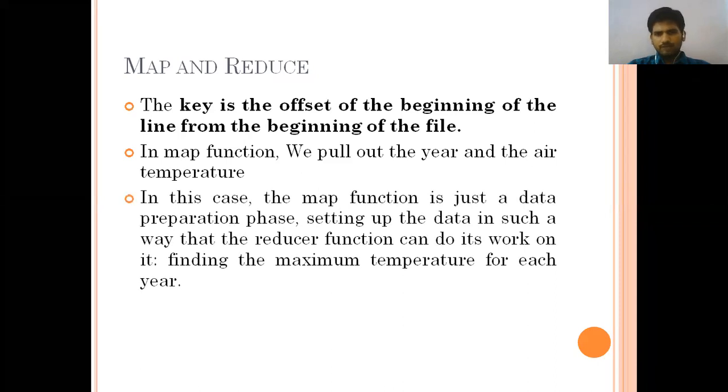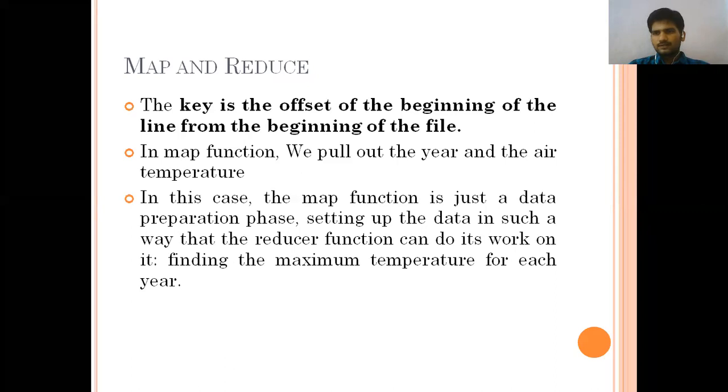In this case, the map function is just a data preparation phase, setting up the data in such a way that the reducer function can do its work on it, finding the maximum temperature in each year.